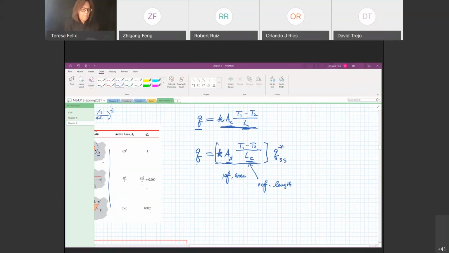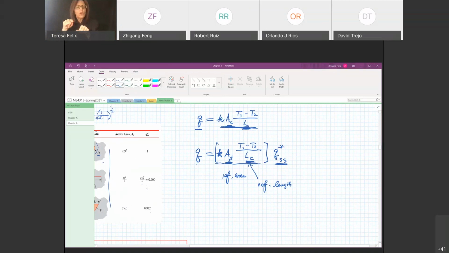So now, I hope you understand why we need to introduce this dimensionless heat transfer rate, because we want to use some reference values, reference cross-section area, reference L, and the reason we need to use reference values is because we don't have a fixed L and a fixed cross-section area for certain configurations.